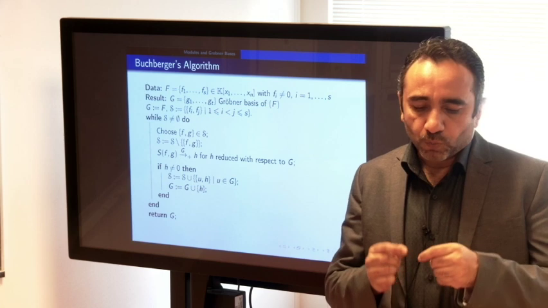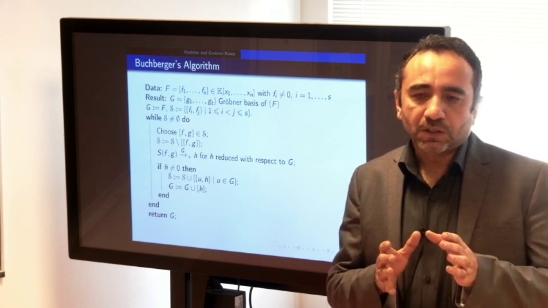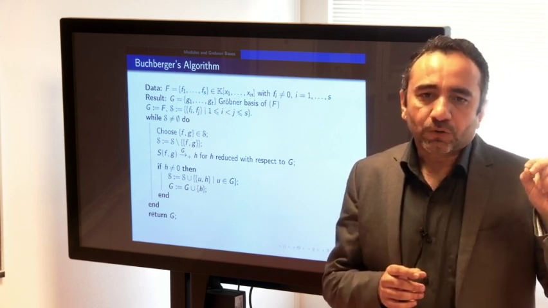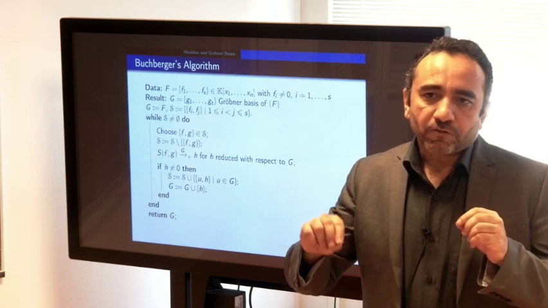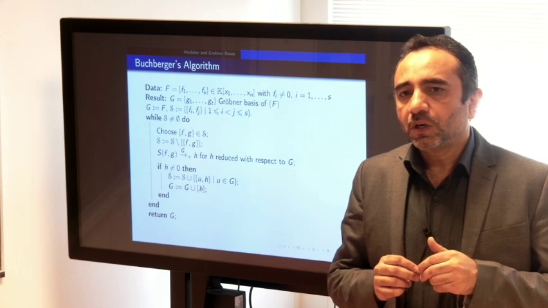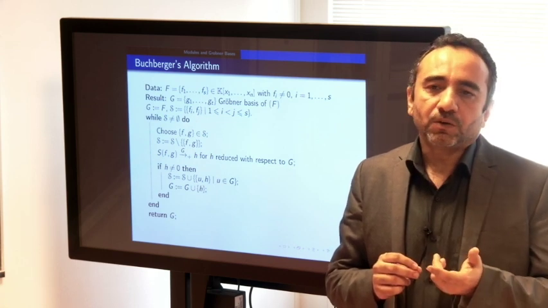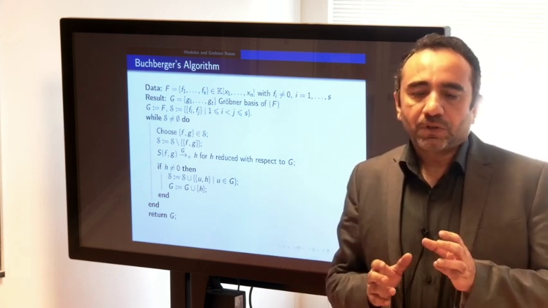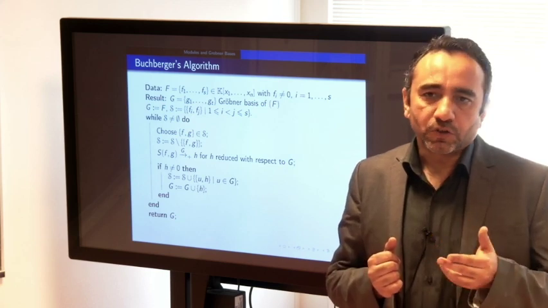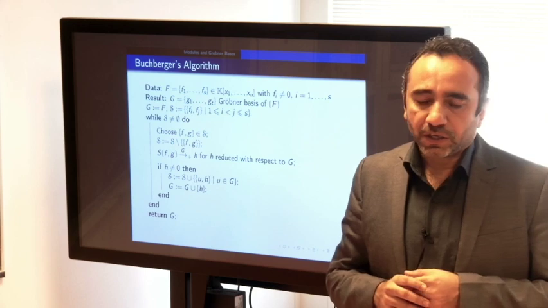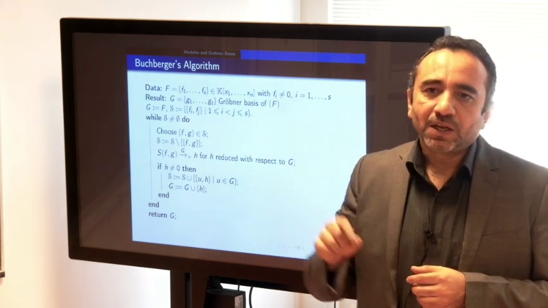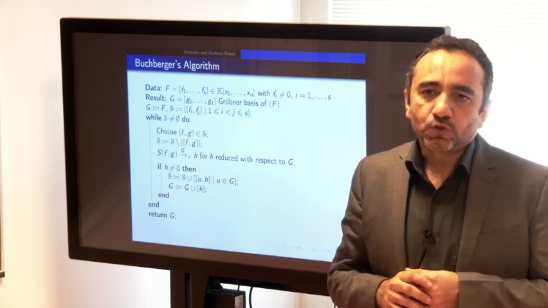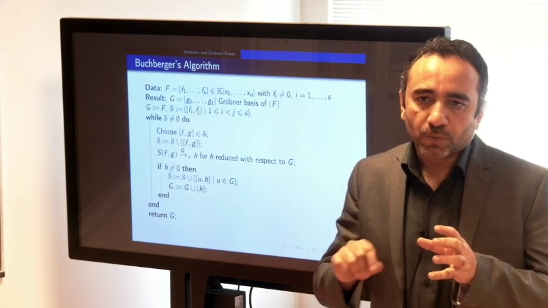And how do we move in the algorithm? As long as that collection of pairs is non-empty, we choose a pair from that collection, and we remove that pair from the original collection, and then we have to compute the S polynomial, and after computing it, we need to reduce it with respect to the original G. If after reduction the remainder is non-zero, then we add that remainder, which is written in the form of H here, to the original set, and we have to add all new pairs using that H. Here one thing is important: once you have used some pair, you don't need to compute for that pair again.